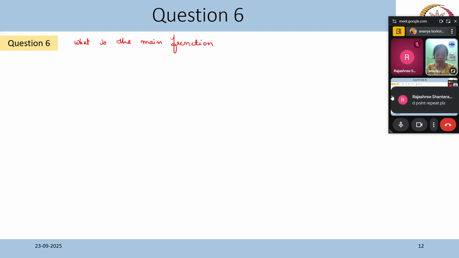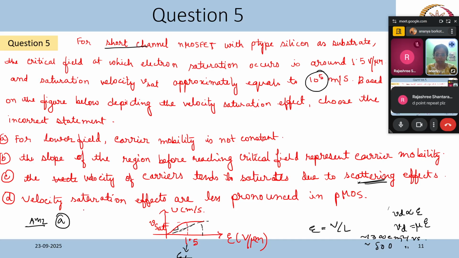Option D repeated: velocity saturation effects are less pronounced in PMOS. What is the typical value for mobility of electrons in silicon? Around 1300, right? We have done calculations using these values. For holes it is around 500. Most of the cases the mobility of electrons is higher than the mobility of holes.